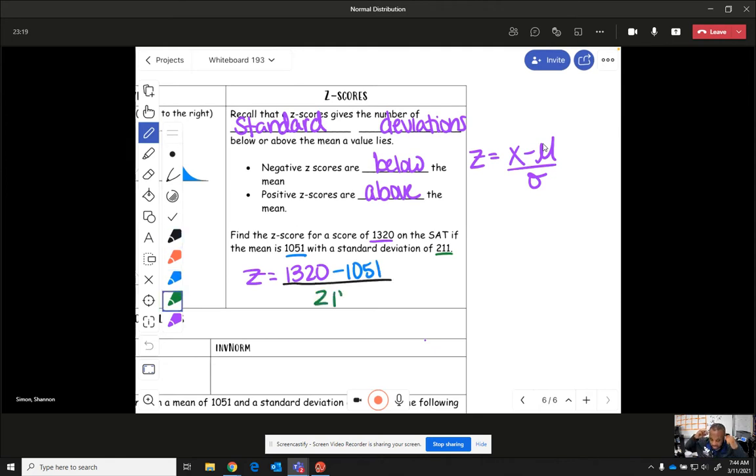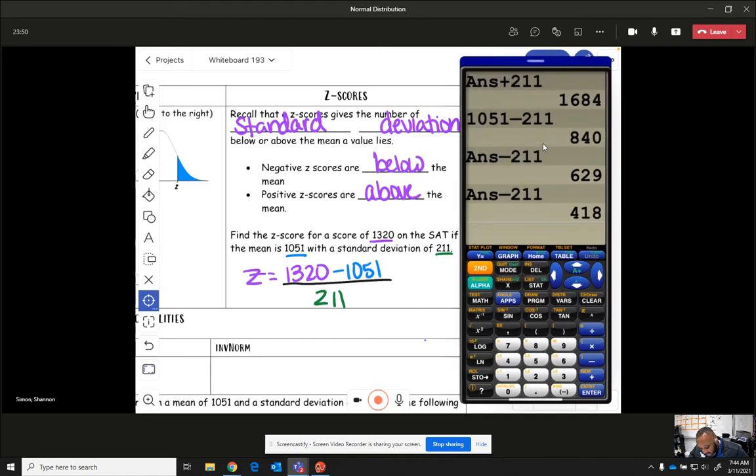And I want you to notice here that because 1320 is bigger than 1051, our z-score is also going to be positive.